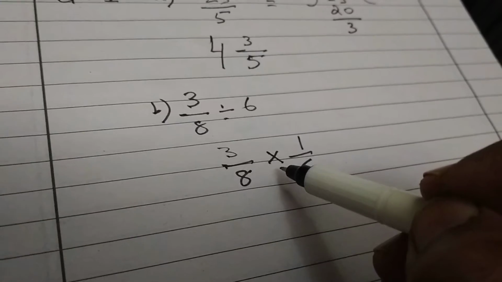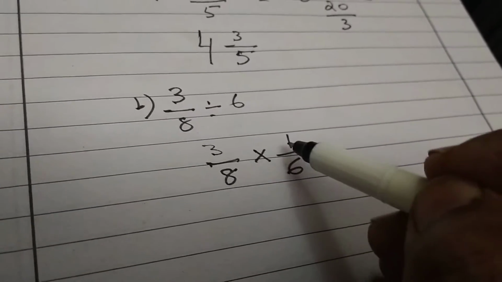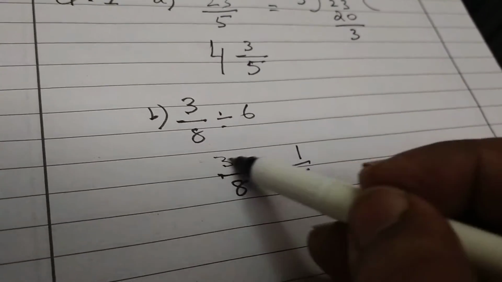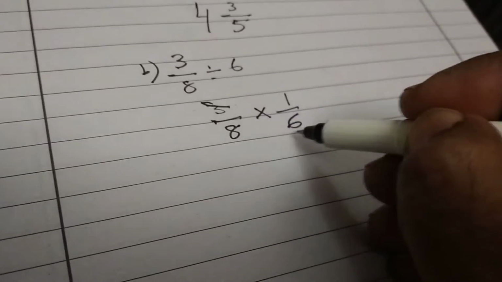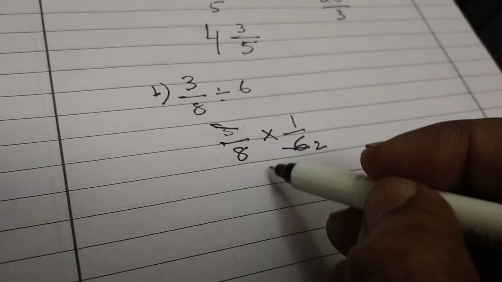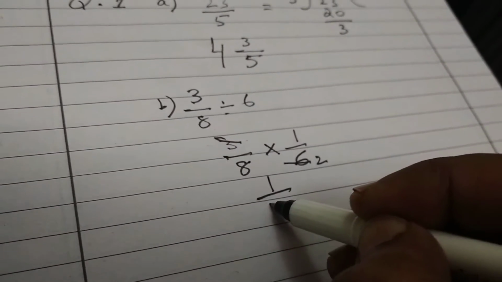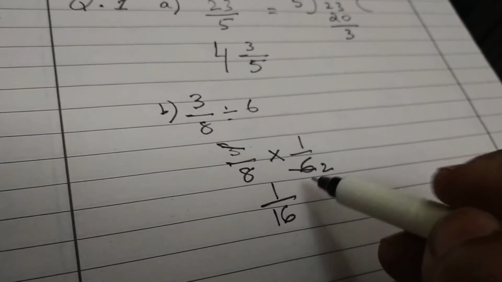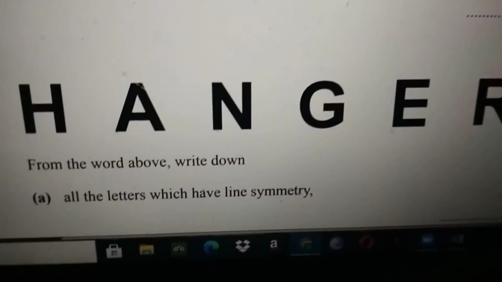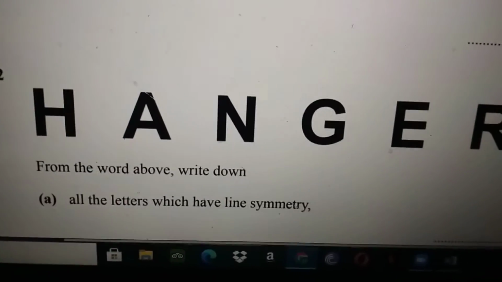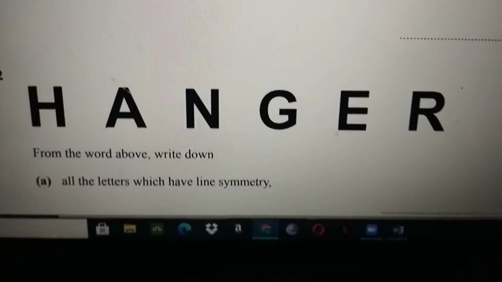Division converted into multiplication. So this becomes 1 upon 6, and then you can cancel out these numbers. So we get 1 upon 8 times 2 is 16. That is your answer.